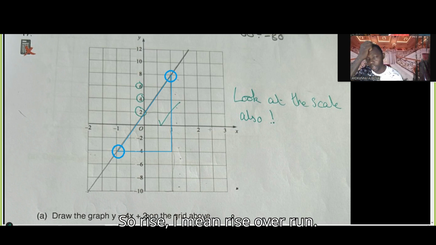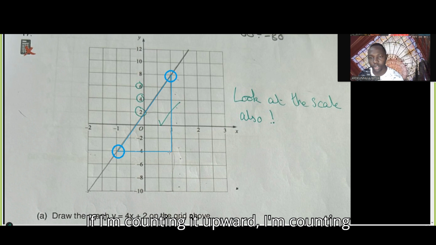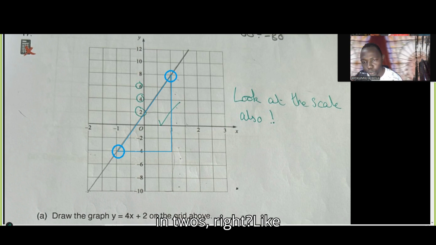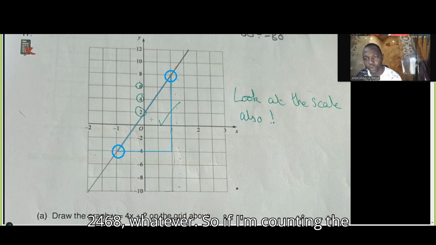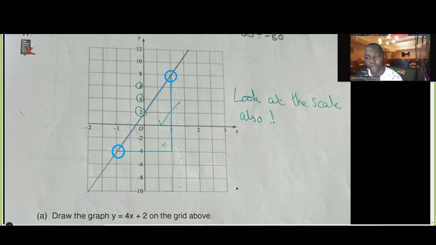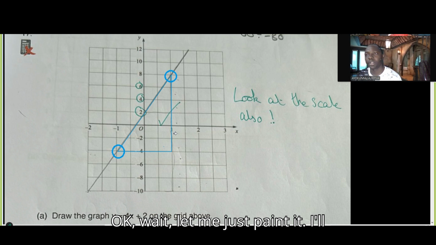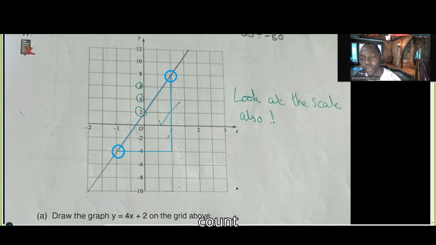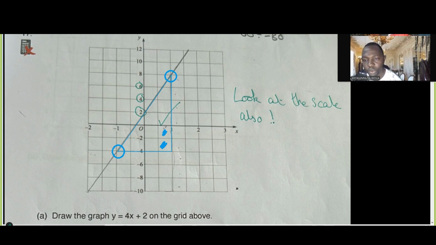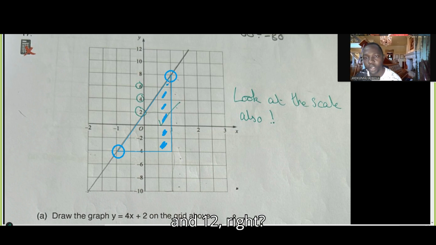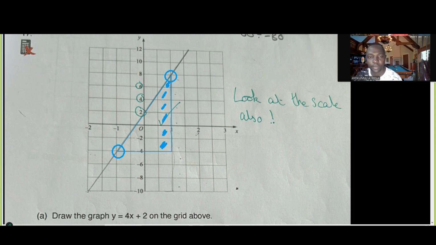So rise over run. If I'm counting it upward, I'm counting in twos, right? Like 2, 4, 6, 8, whatever. So if I'm counting the boxes, I'll count 2, 4, 6, 8, 10, and 12. Right?